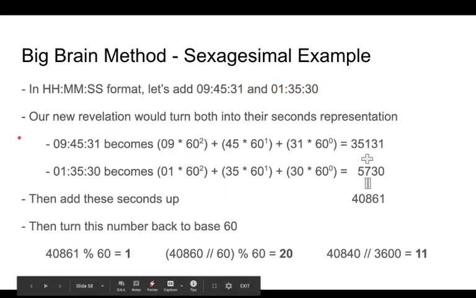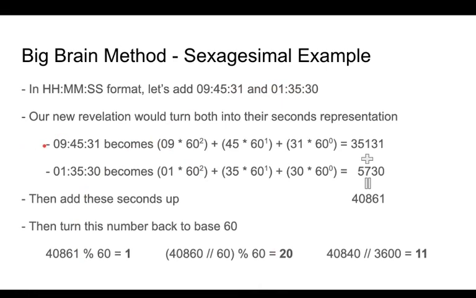Our new way of development, making use of this revelation, is that you turn 9 hours, 45 minutes, 31 seconds into all seconds. You do the same with the 1 hour, 35 minutes, and 30 seconds here. This is how you do conversions from one base to another, base 10 to base 60. And we get a total of 40,861 seconds.